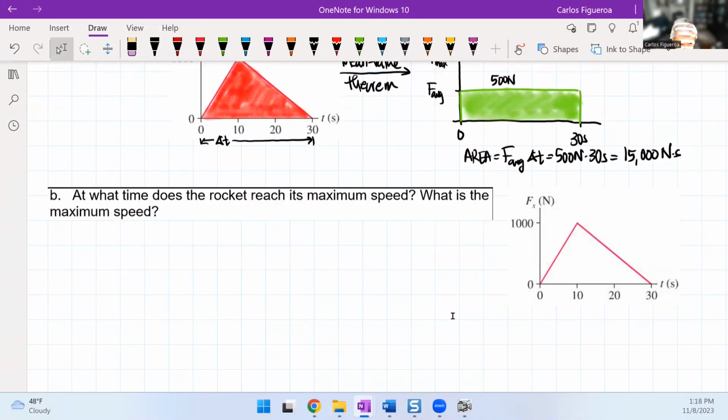At what time does the rocket reach its maximum speed? Is it at F max, where the rocket has the maximum force? Is it at 10 seconds? Or is it at 30 seconds?